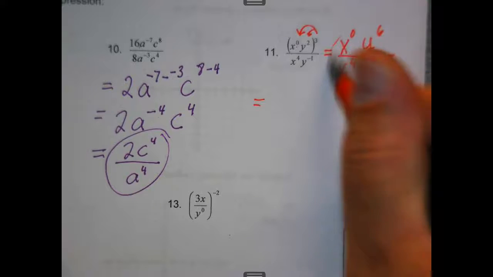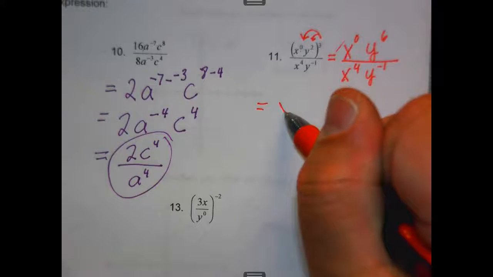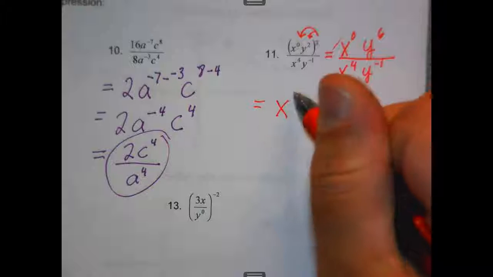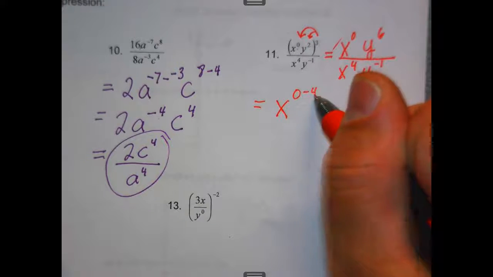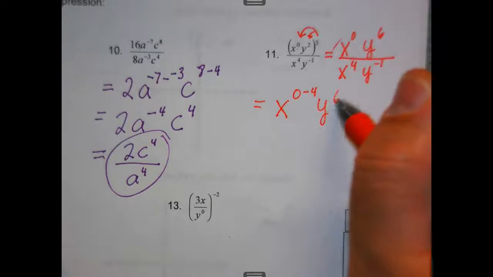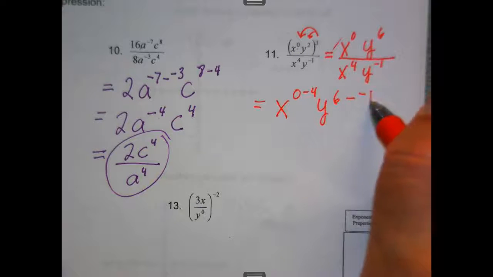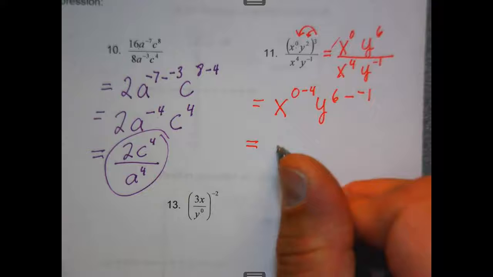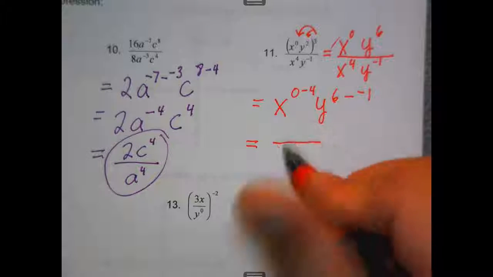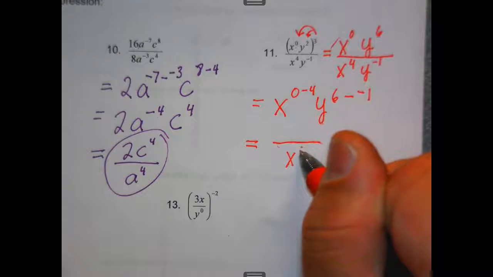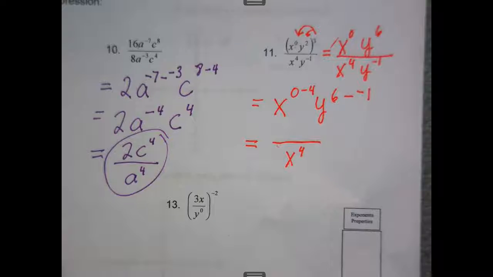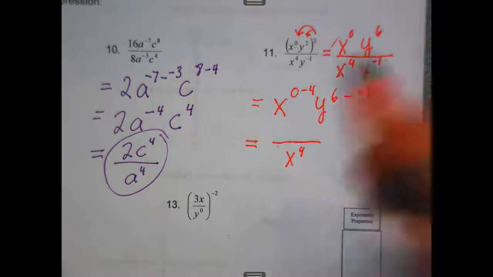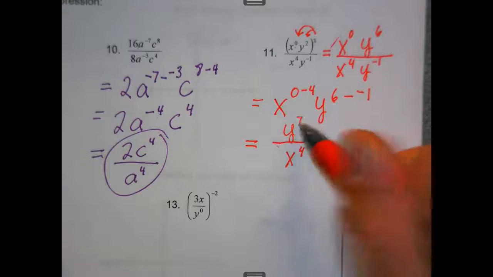So I have to subtract exponents here. X to the 0 minus 4, y to the 6 minus a negative 1. I'm going to put this in a fraction because I already know the x has to go in the denominator. X to the positive 4. 6 minus negative 1 is 7.